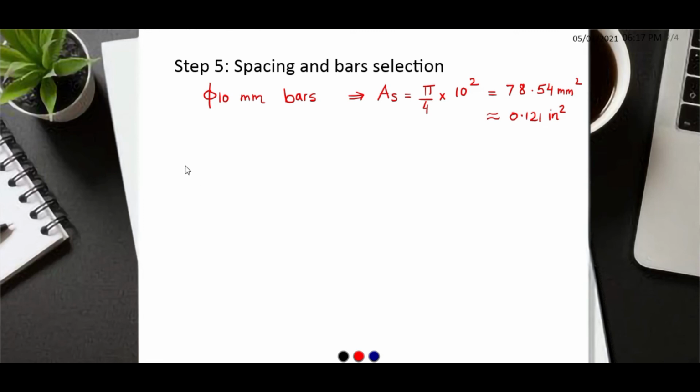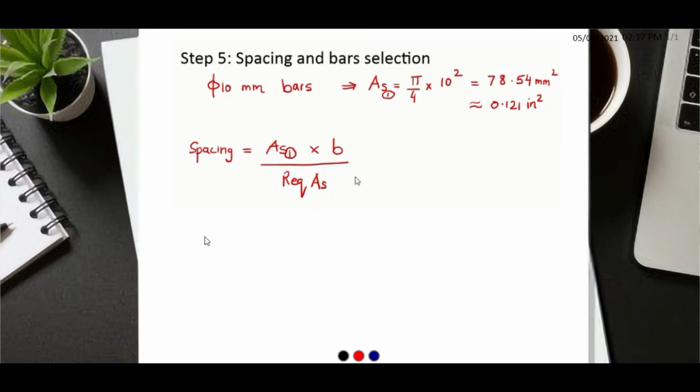So now how do we calculate the spacing? Spacing will be given by area of one bar times width divided by required area of steel, which we have already calculated for different moment values. So let us find the spacing for positive moment along the shorter direction.